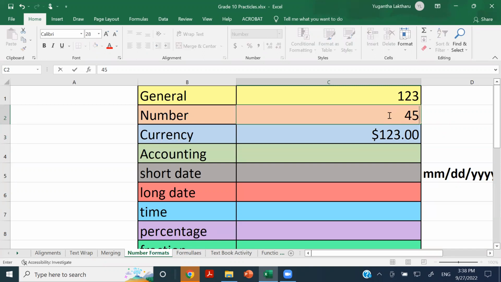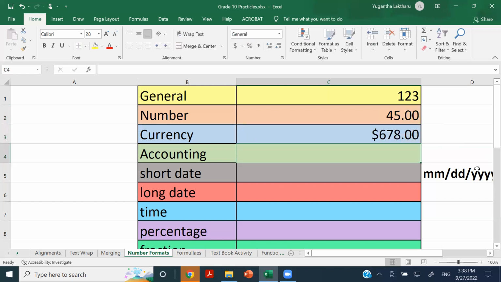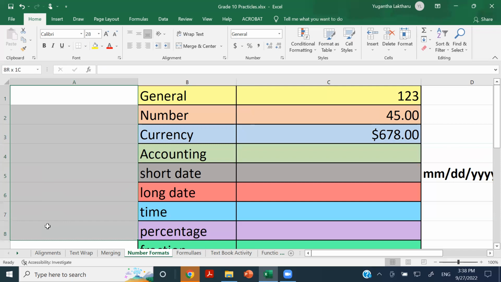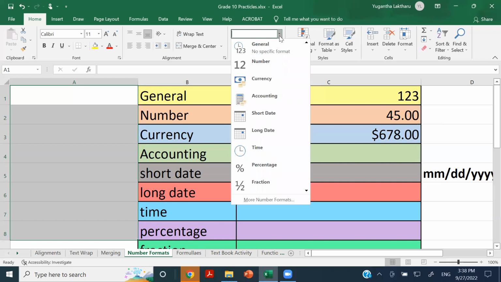So if I just type 45 over here, it will be represented as 45.00. Now if I give 678 and press enter, the dollar mark is automatically applied, and the decimal places are automatically applied.